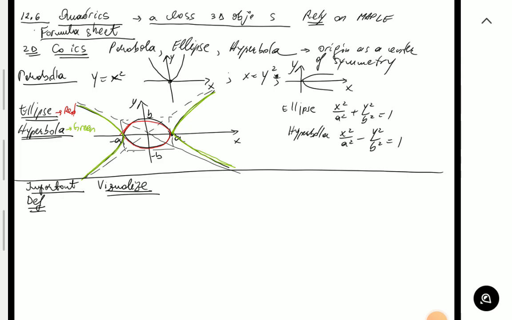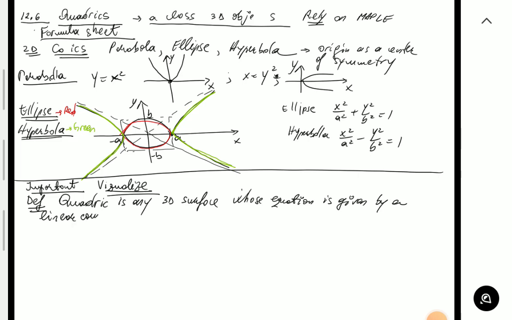So, a quadric is any three-dimensional surface whose equation is given by a linear combination of x squared, y squared, z squared, xy, yz, zx, x, y, and z.